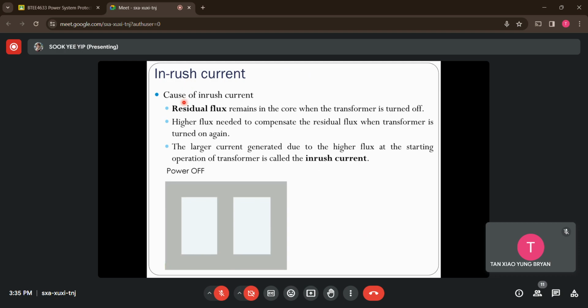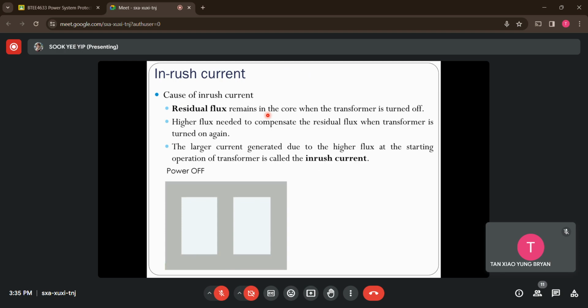So what happens if we turn off the transformer? Turn off means that no voltage is being supplied to the transformer's windings, right? Whenever there's no current flowing through the transformer's winding, theoretically there should be no magnetic flux, because only when current flows through the wire are magnetic fields generated.